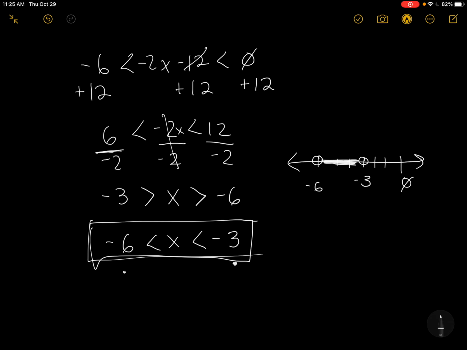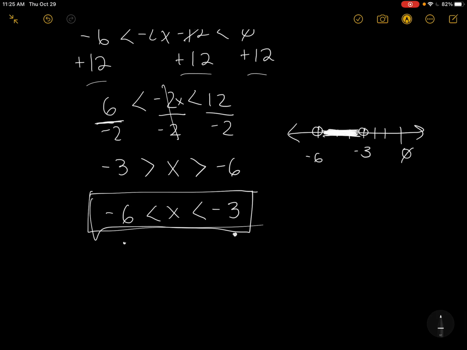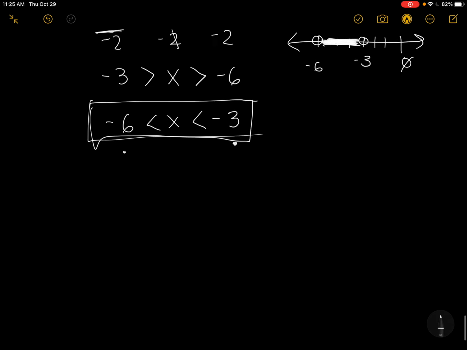But yeah, just like solving equations, except now we have 3 sides to transform. And then you end up with a little range of right answers, right? As opposed to it just goes on for infinity in one direction or the other. This is a between, right? Between two numbers.